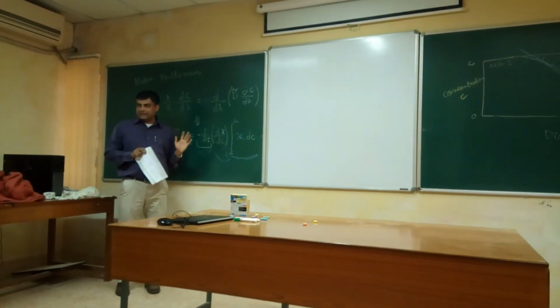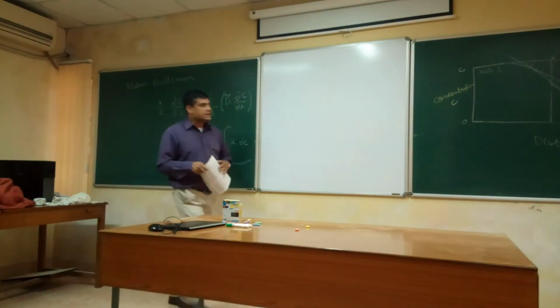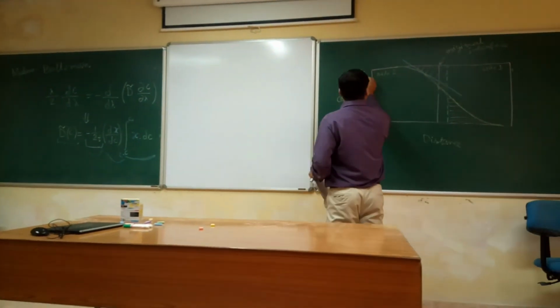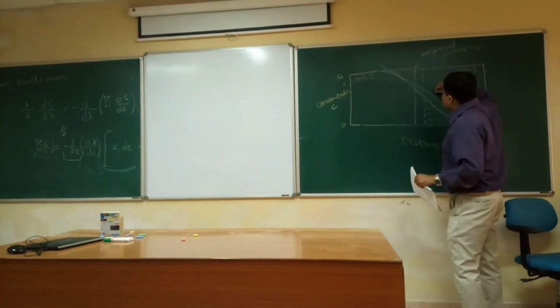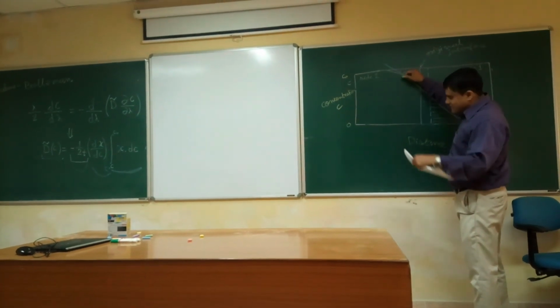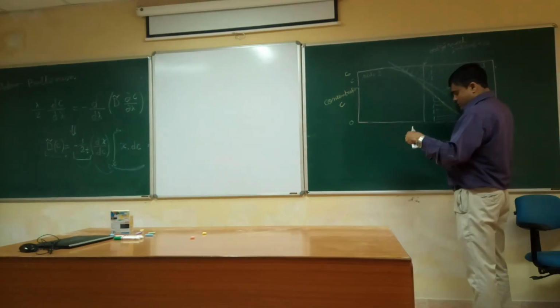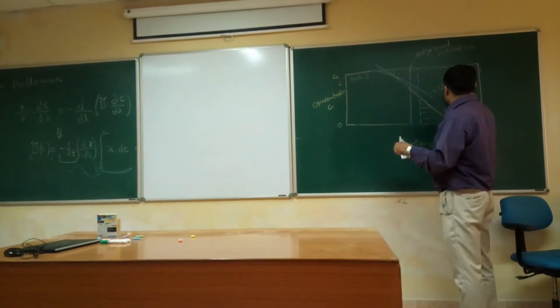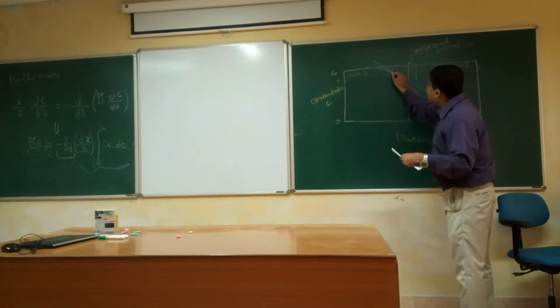At a particular C value, del X del C is the slope of this curve. So the slope will give you del X del C at that C value.